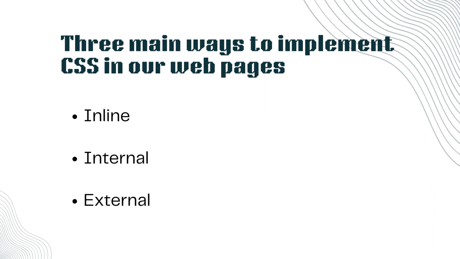There are three main methods to style a web page using CSS: inline CSS, internal CSS, and external CSS. Each method serves a specific purpose and can be used based on your project requirements. Let's break them down one by one.